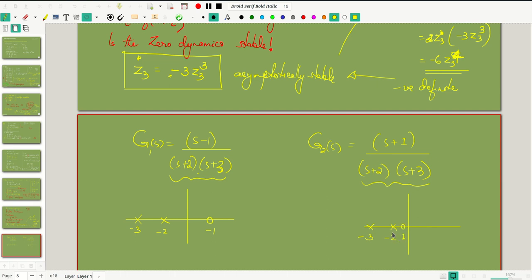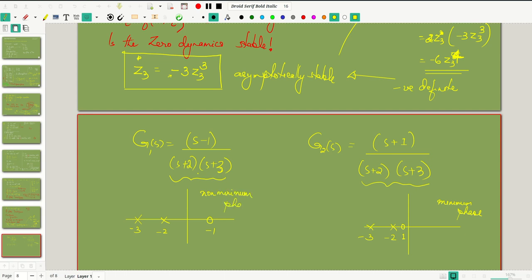So when you speak about the stability of the system as a whole, we look at the poles of the system. So here the system is stable, and here also the system is stable. But if you look at the zeros of the system, in this system the zero is on the right half plane, and in this system the zero is on the left half plane. The system where the zeros are on the left half plane, we call a minimum phase system, and where the zeros are on the right half plane, we call a non-minimum phase system.